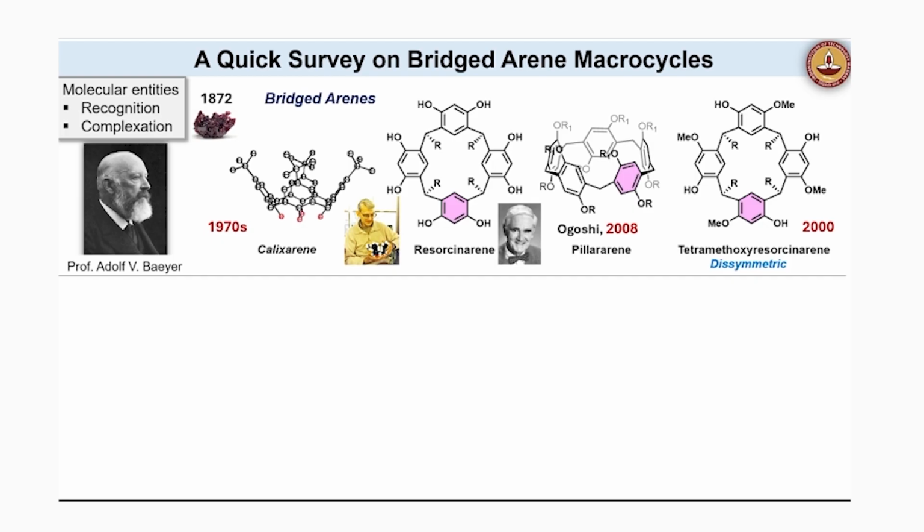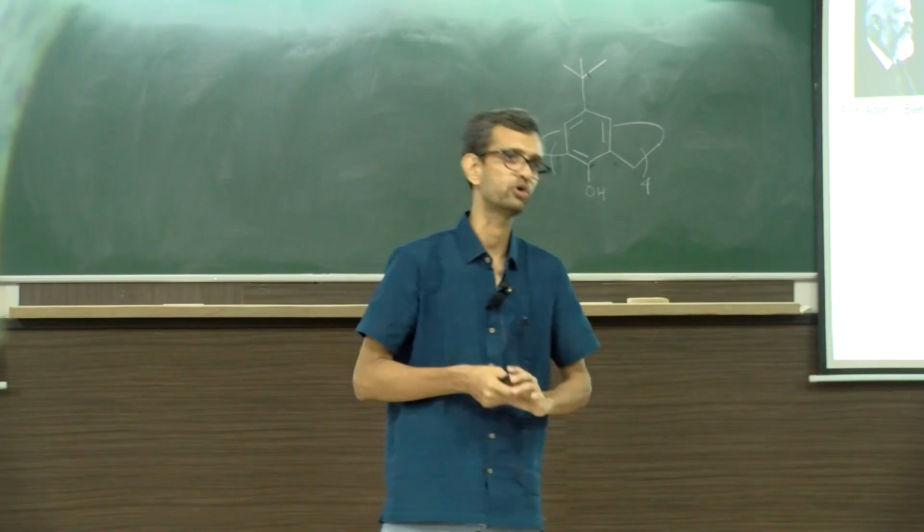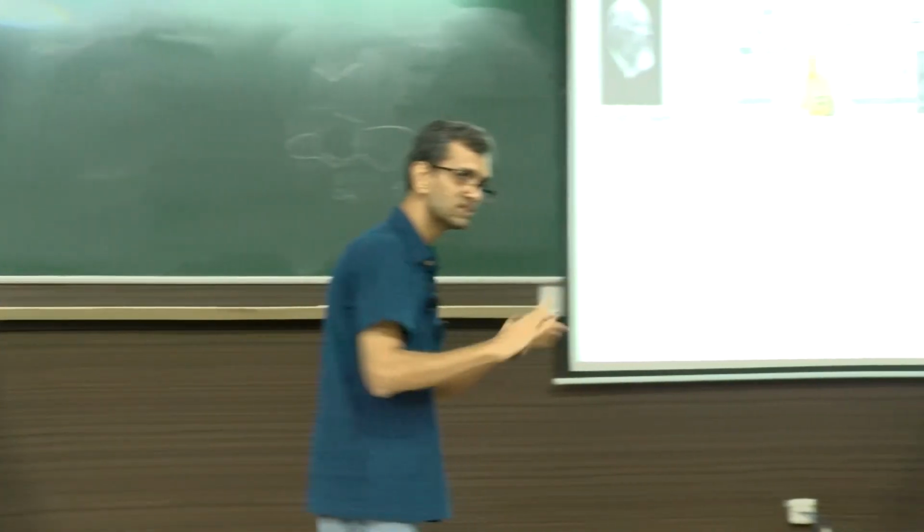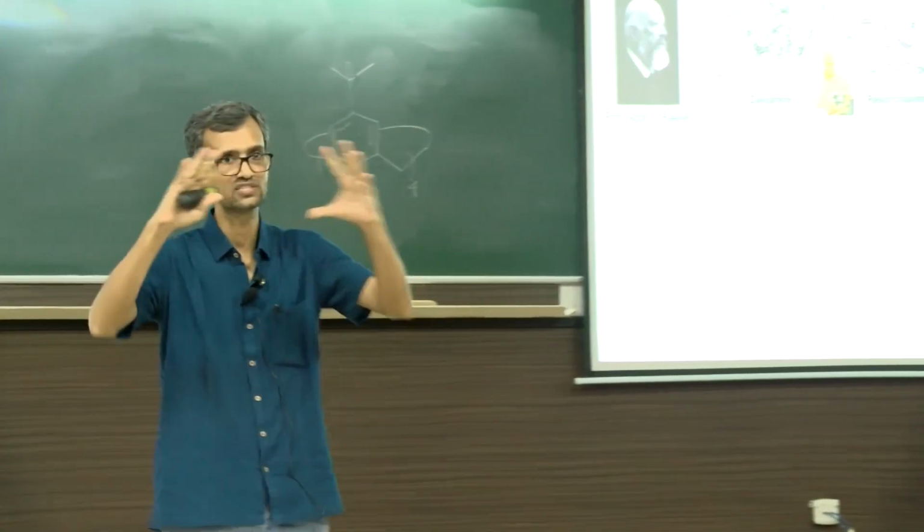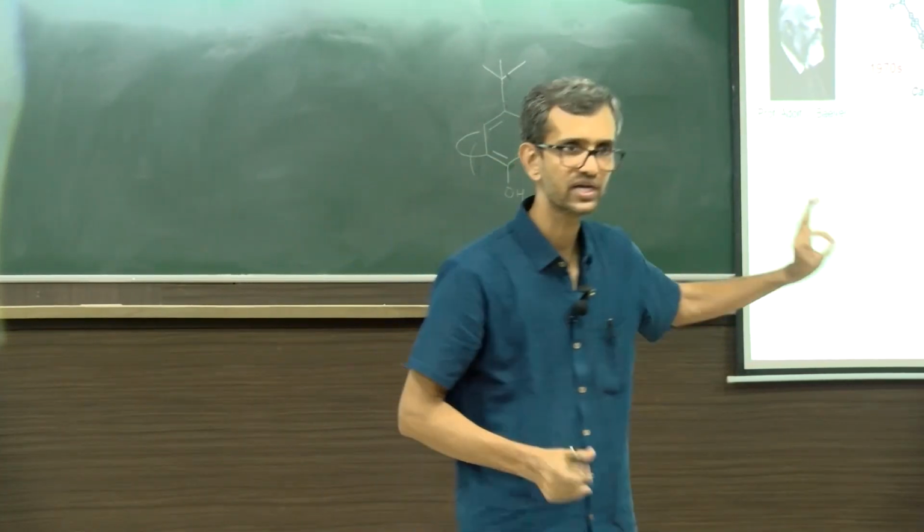You can also do a mass analysis of the sample, wherein you find eight molecules have come together to form a spherical cage. People have also crystallized this octamer, which has this cage type of structure held only by hydrogen bonding. So the three methods have proven that such spherical cages can exist only by hydrogen bonding.